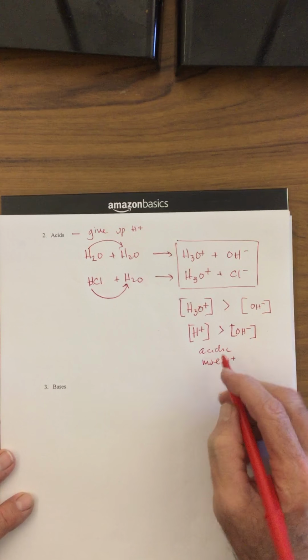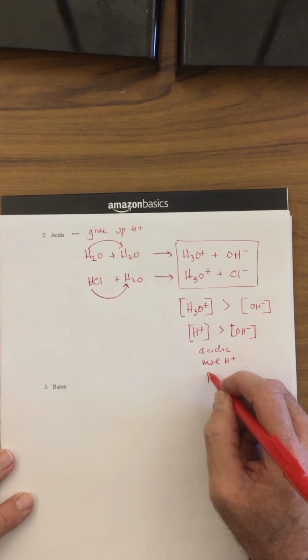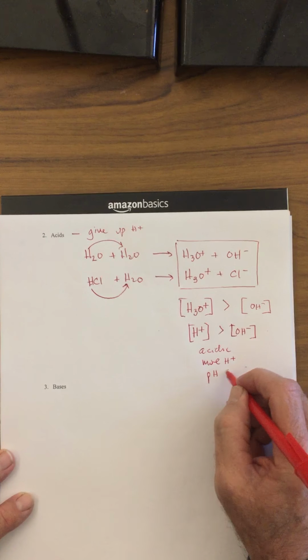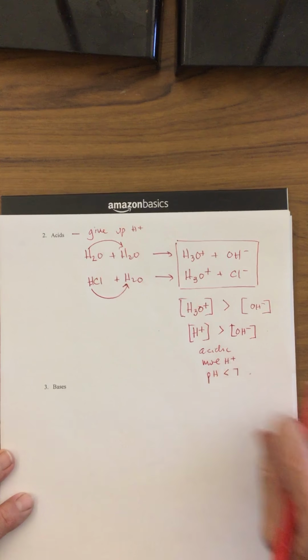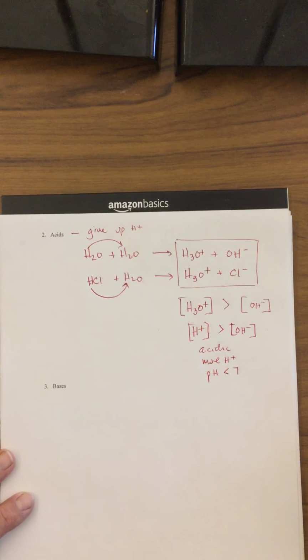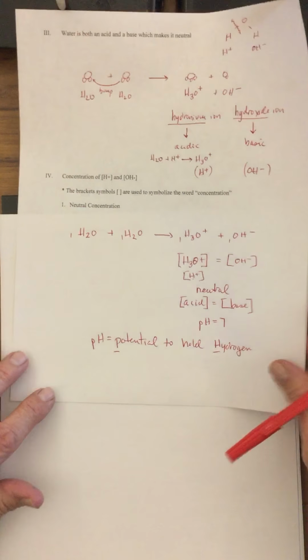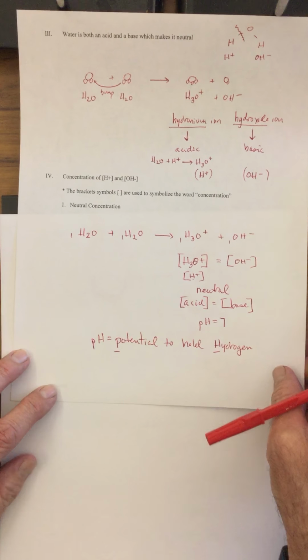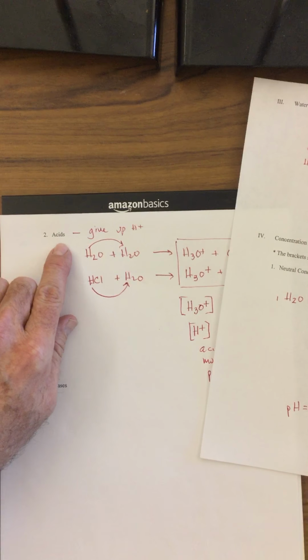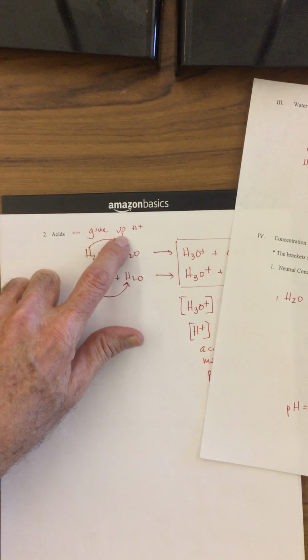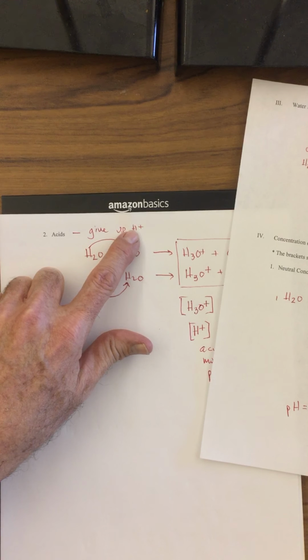But while we have more H pluses, the pH is actually going to be less than 7. Let's take a look at what pH is, going back to the previous definition. pH is the potential to hold hydrogen. What do acids like to do? They like to give up their H's.